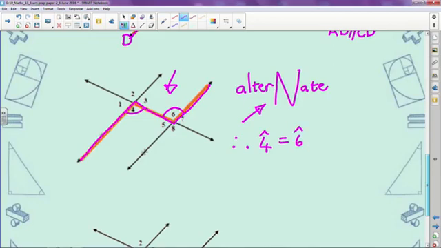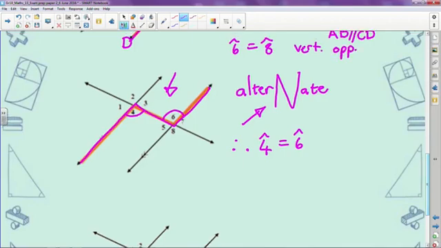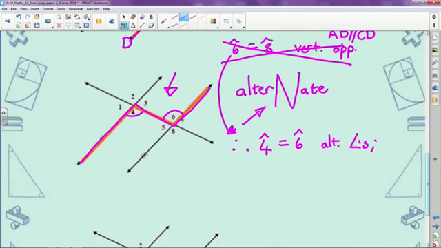But if we wanted to skip the step where we say angle 6 is equal to angle 8 because of vertically opposite angles, we could just jump to here and write down alternate angles. But once again, we have to state which lines are parallel to each other, otherwise the reason just doesn't make sense.